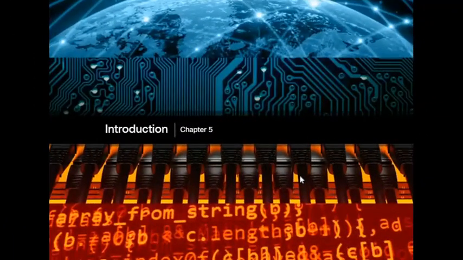Okay, so we all learned in our past Cisco courses, particularly CCNA 1 and 2, that routers are network devices that are used to forward packets to and from a particular network address.